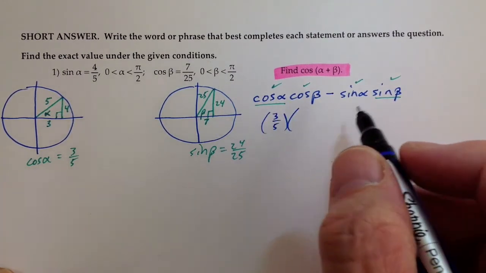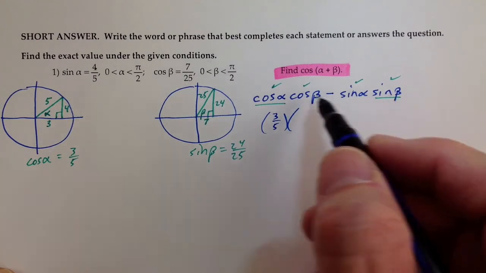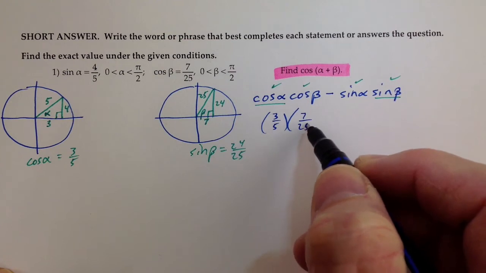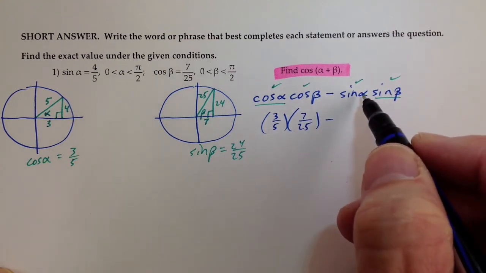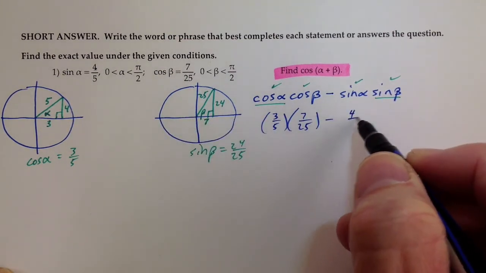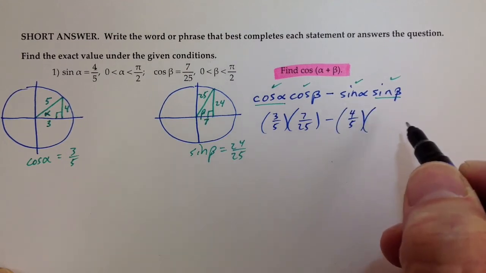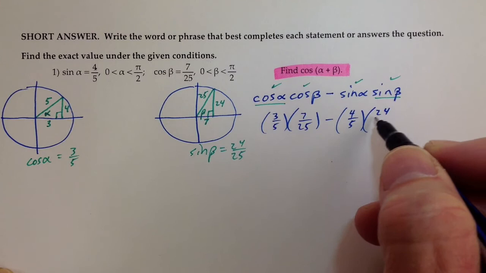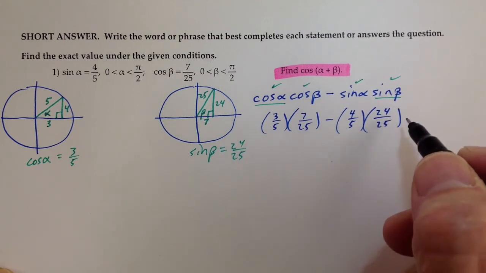We're just going to substitute in the values for each one of these. Cosine of beta, that was given to us as 7/25, minus the sine of alpha, given as 4/5, and the sine of beta, which we had to work for a little bit, is 24/25.